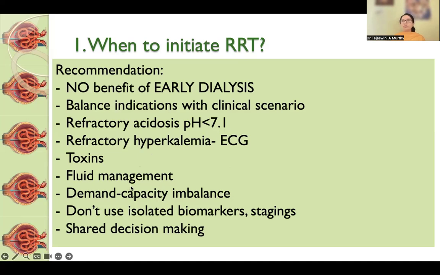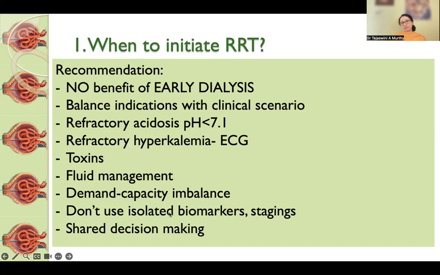And then you also have to balance the demand and capacity. So it's more like whether the patient has a greater demand for producing more urine for whatever reason, and whether the kidneys have the capacity to produce that. So look at the demand capacity imbalance before you initiate renal replacement therapy.